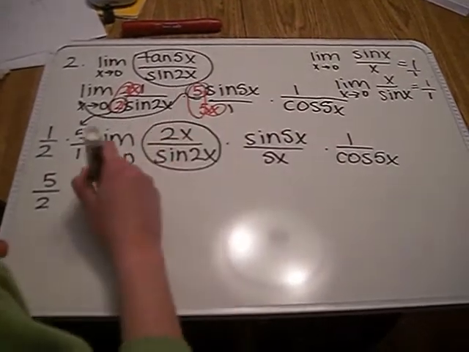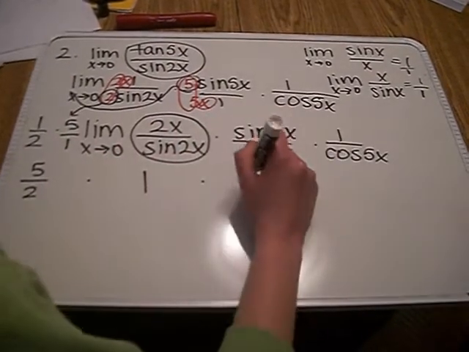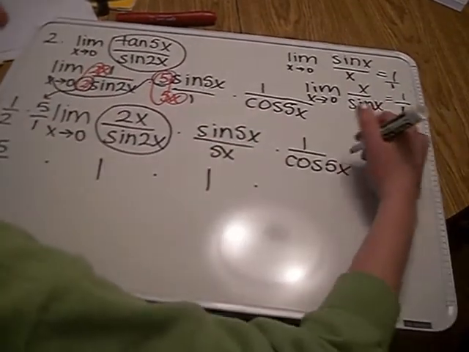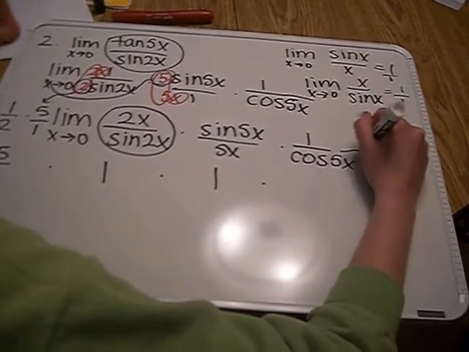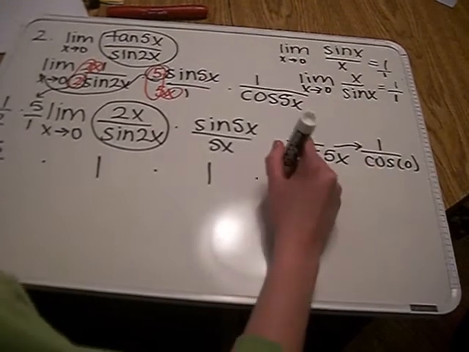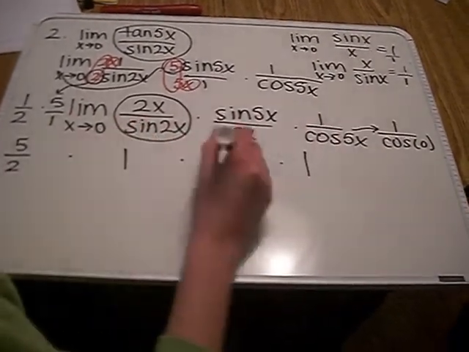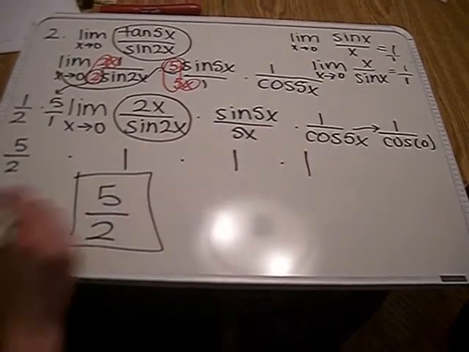Therefore, this part is still 1, so we're going to do 5/2 times 1. The second part is 1, and the third part, if you plug in 0 for x, becomes 1 over cosine of 0, which is 1. So 5/2 times 1 times 1 times 1 is 5/2.